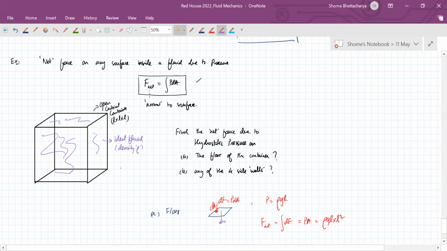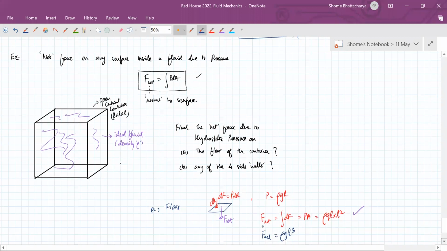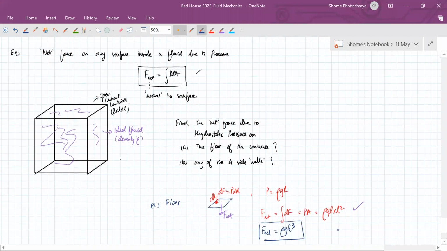So the net force acting on this surface will become like this. So you notice that is in fact equal to the weight of the liquid. This rho GL cube is actually equal to the weight of the fluid body.